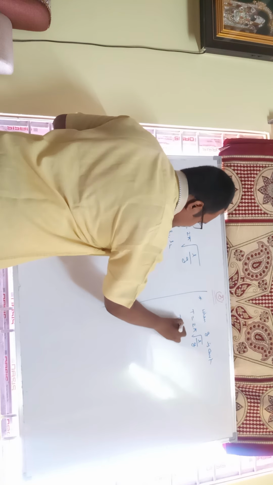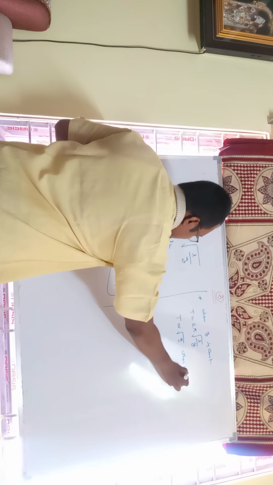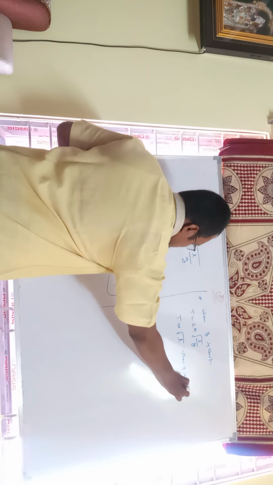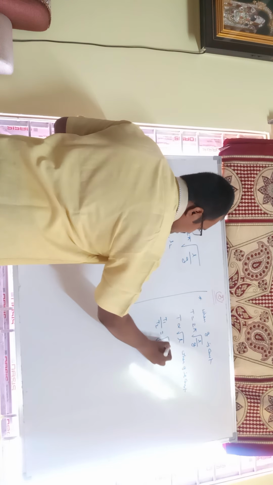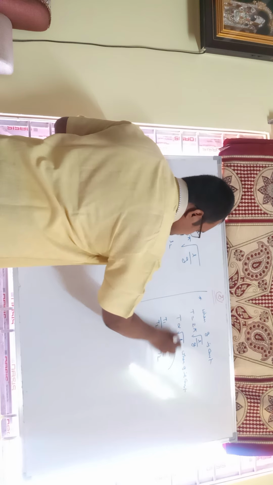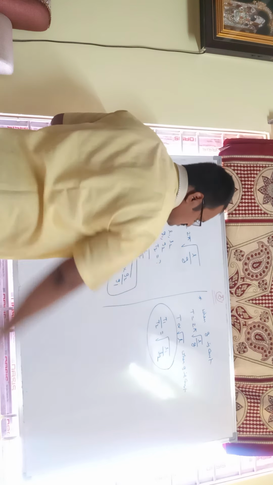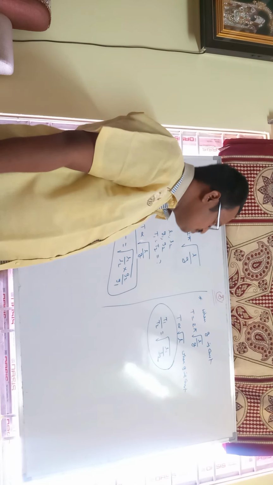Since g remains constant, T is directly proportional to root l when g is constant. So T1 by T2 equal to root over l1 by l2. This is one of the conditions for the time period of the oscillations.